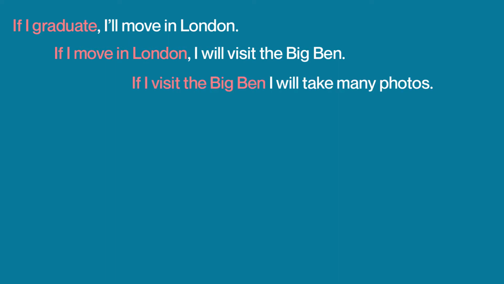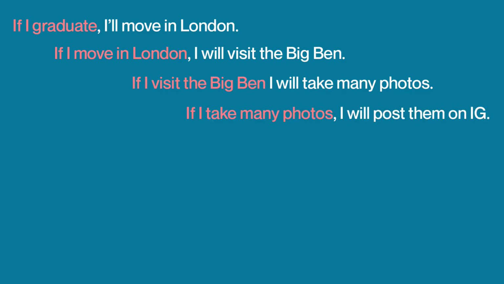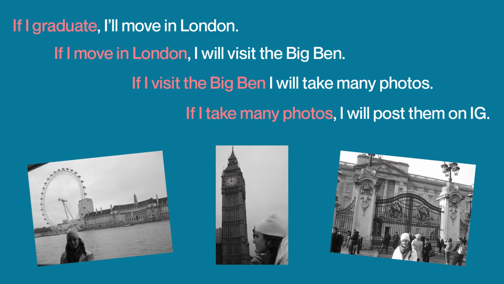If I visit Big Ben, I will take many photos. If I take many photos, I'll post them on Instagram. Notice how the result of a sentence becomes the condition of the next one and how the grammar changes from future to present.